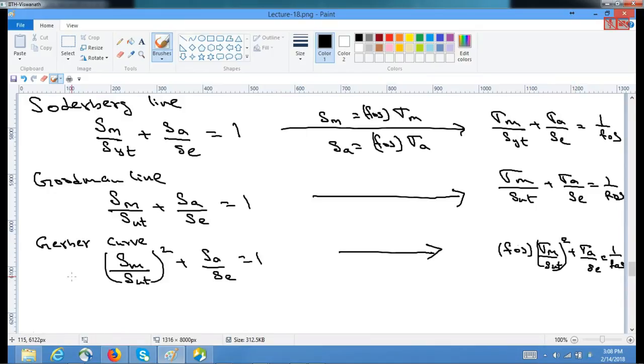So when somebody wants to design a component which has non-zero mean, then we have to make sure we use one of this set of equations to calculate Se, because in this case Se would be much lower compared to when you have sigma m equal to 0.